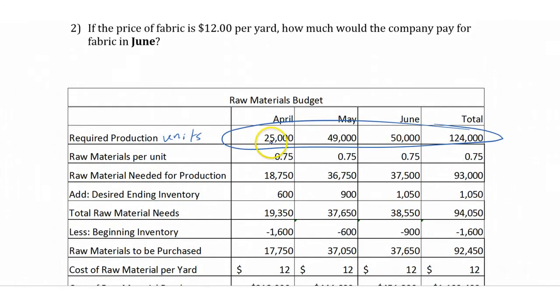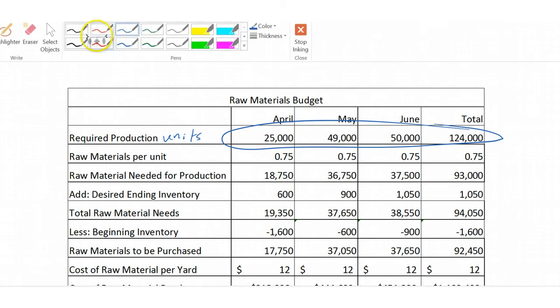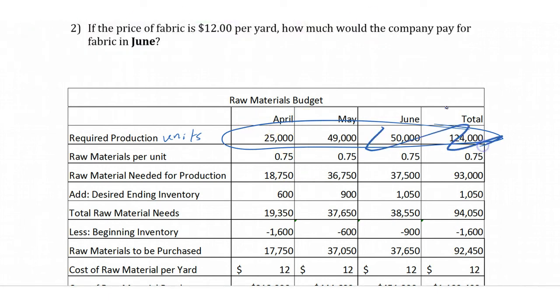So I've copied those numbers down. You can see that and compare that to yours. Of course, the total for the quarter is the total. I multiply that by 3/4 of a yard, and we get our total materials needed for production.